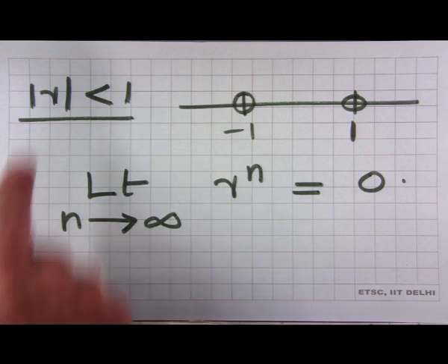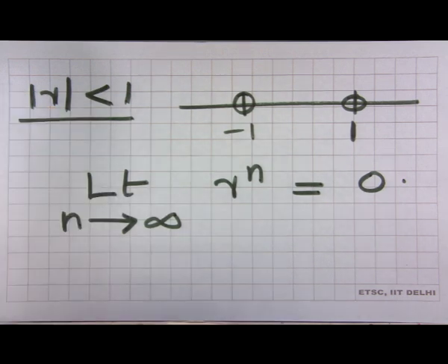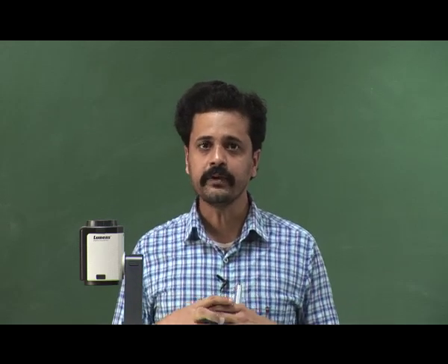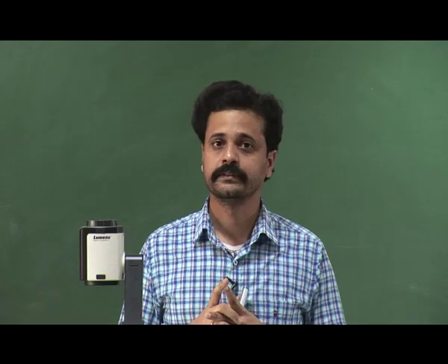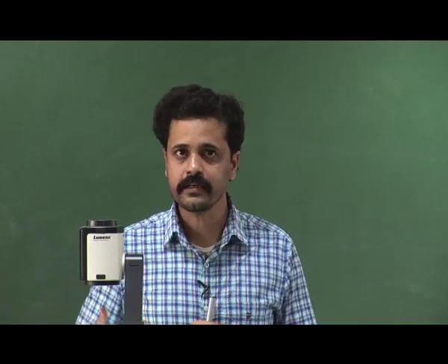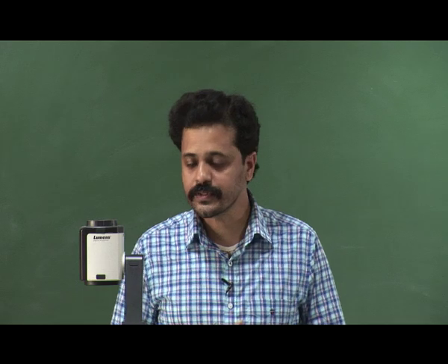Let me repeat. We are interested in r values which are fixed but lying between minus 1 and 1. In that case, r can be thought of as some number of the form 1 by m. m may be positive or negative, it does not matter. So, r power n will be something of the form 1 by m power n. m is fixed. Now, when n becomes larger, the denominator becomes very large, so that 1 by m power n becomes close to 0.